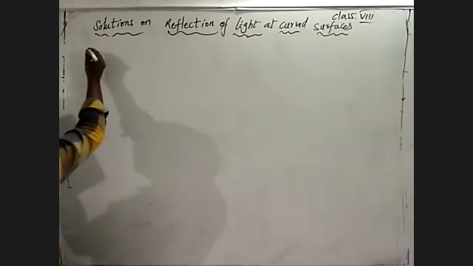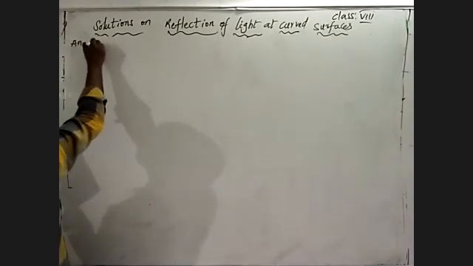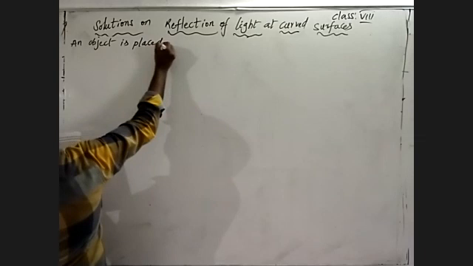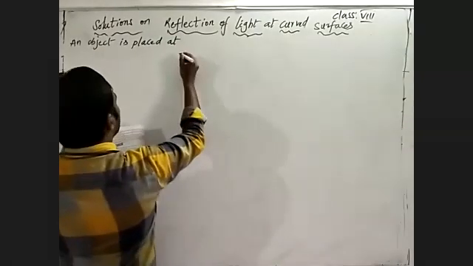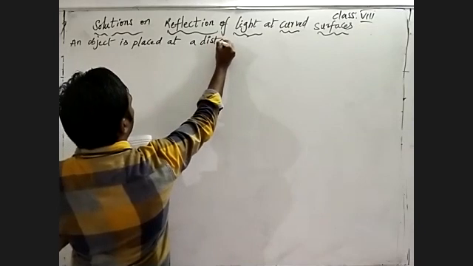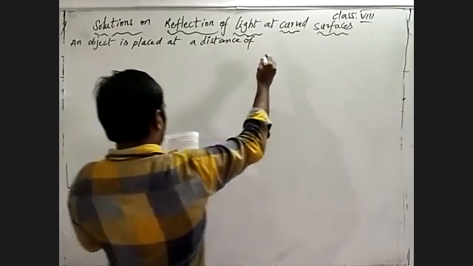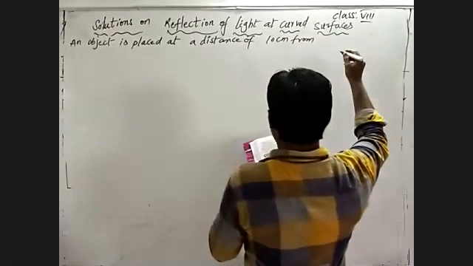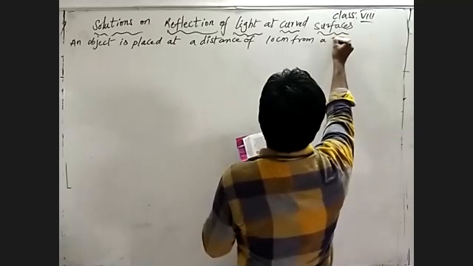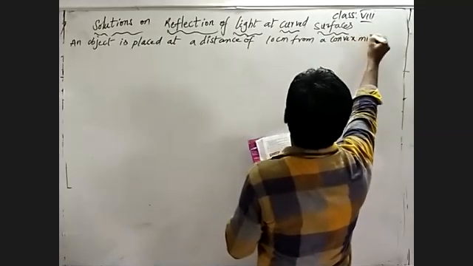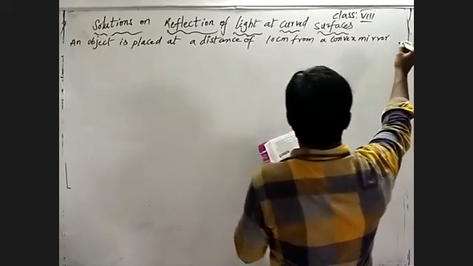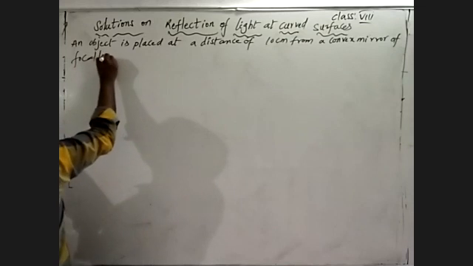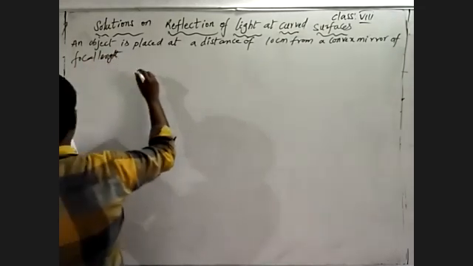An object is placed at a distance of 10 centimeter from a convex mirror of focal length 15 centimeter.